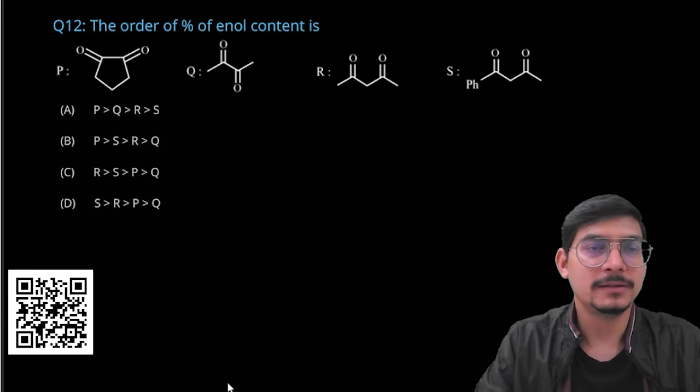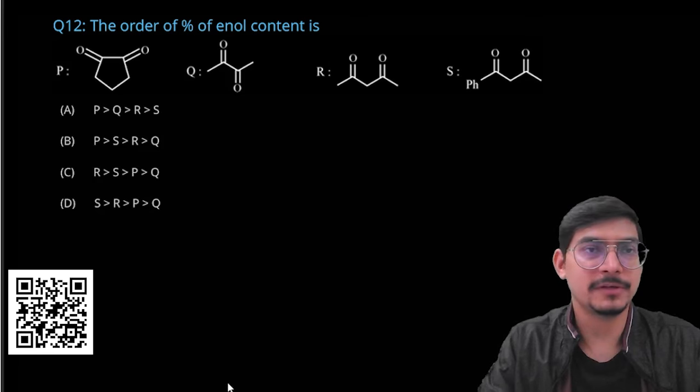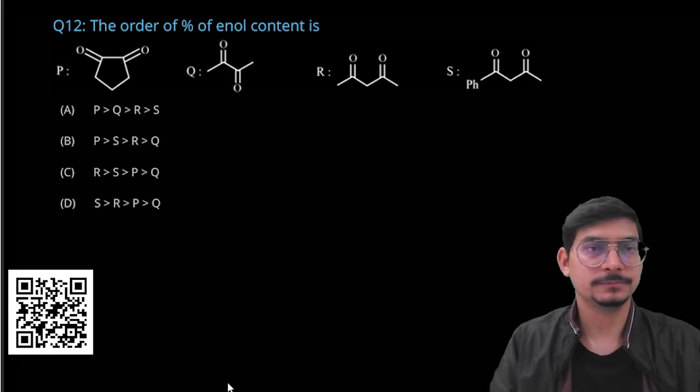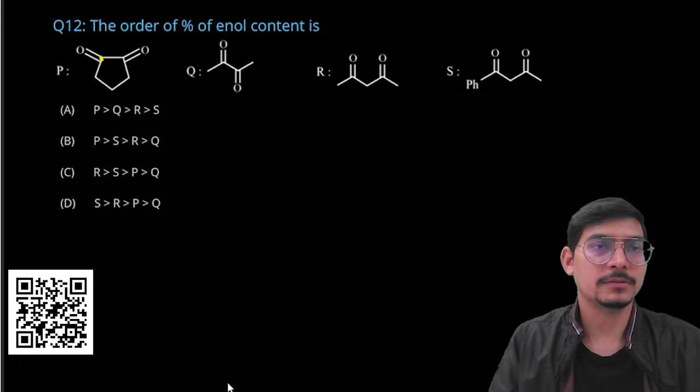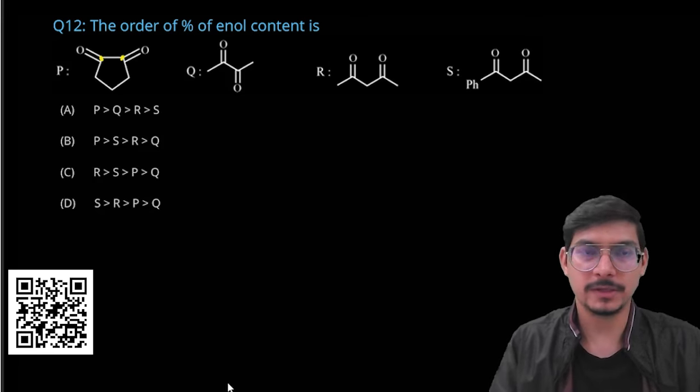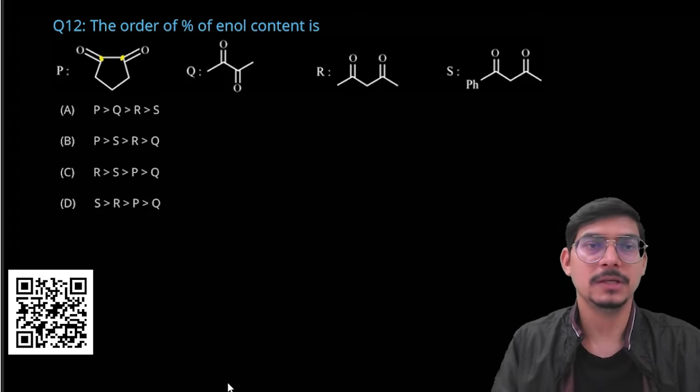Hi everyone. In this question, we are given 4 molecules and we have to find out the order of percentage enol. So the first compound contains two carbonyl groups in a cyclopentane ring, so cyclopentane 1,2-dione.